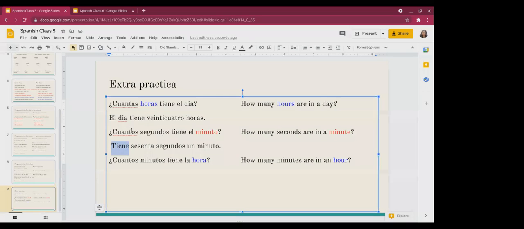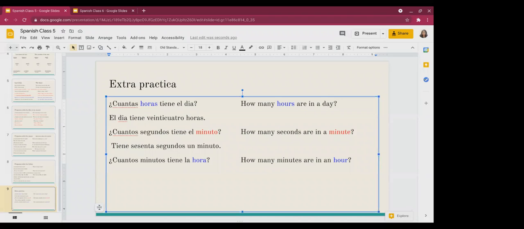So that means to have. Okay? So here it's asking to have. It says, how many seconds does a minute have? So when you see tiene, it means to have or has. So the literal translation from Spanish to English says, has 60 seconds, 1 minute.